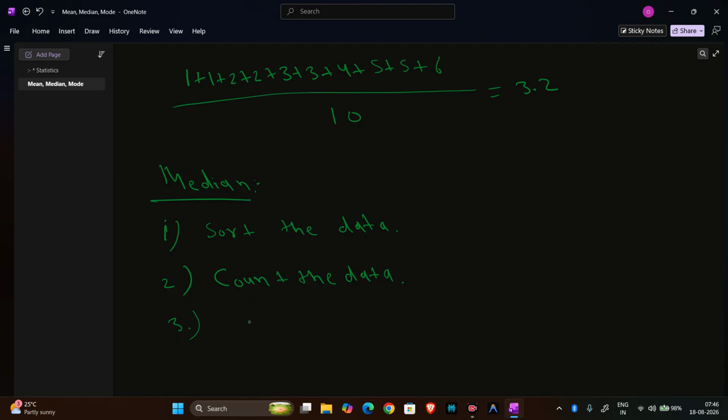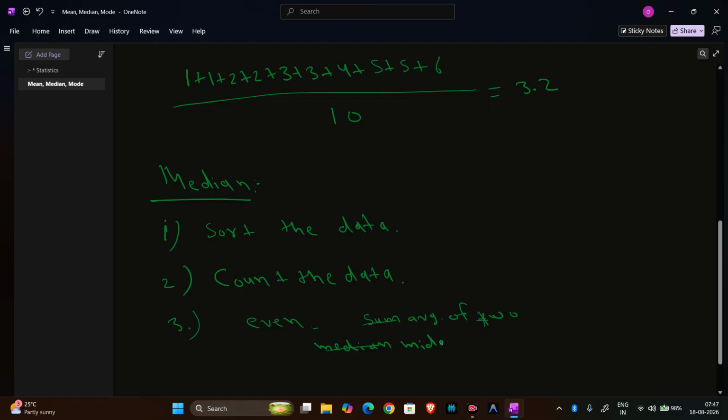If the count is even, the median will be the average of the two middle values.